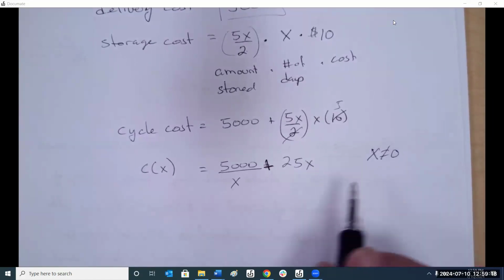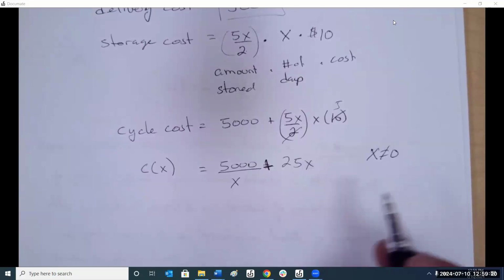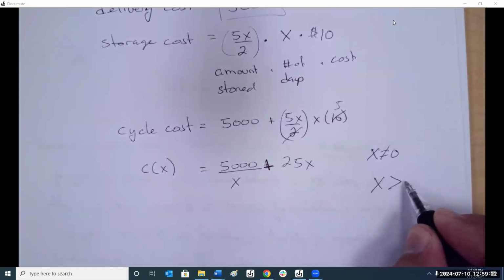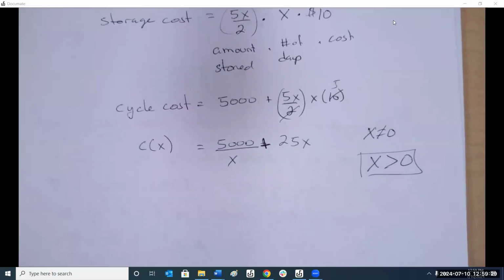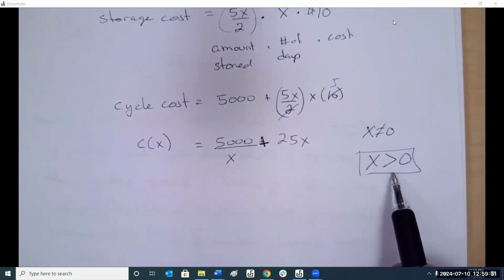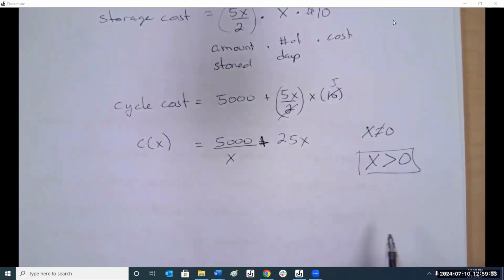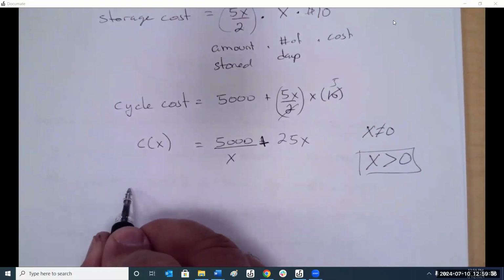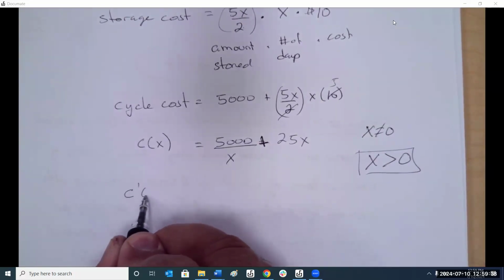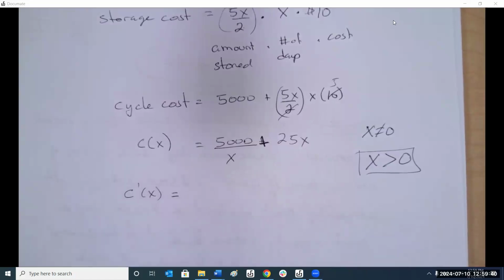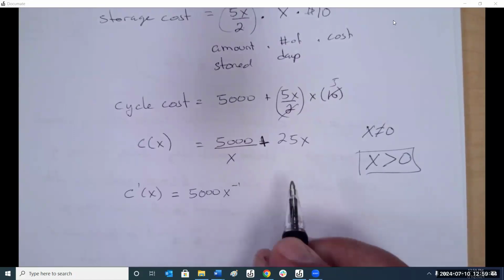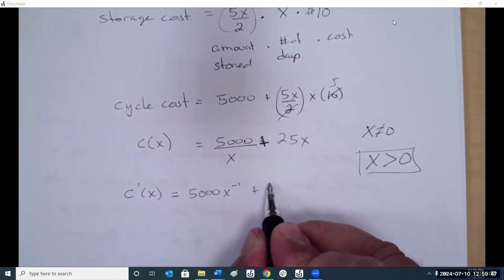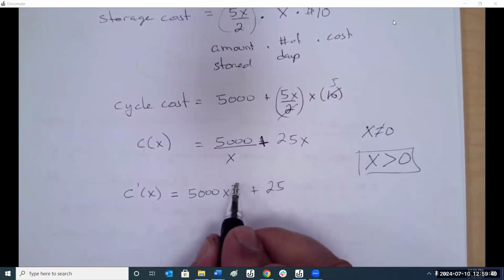No, because these are the number of days. So X is strictly greater than 0. That's our domain. Whatever we get when we do our answers, we have to have positive answers only. So we find the marginal amount. We take the derivative. X to the power -1. The derivative of 25x is 25.